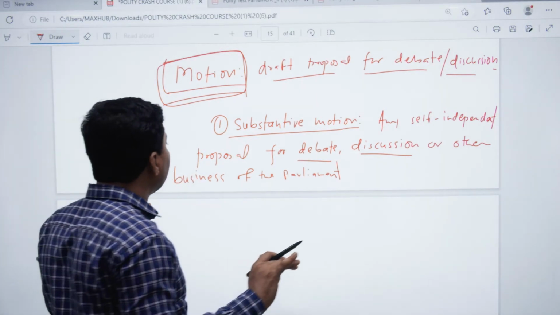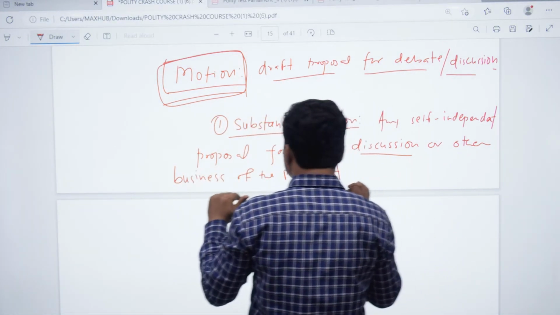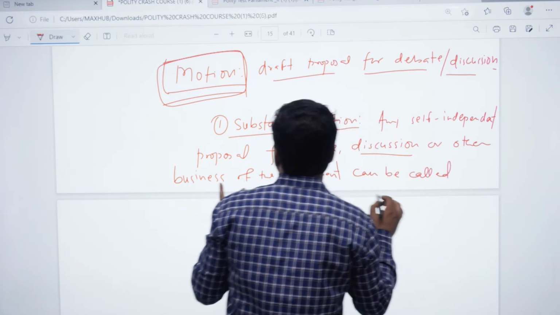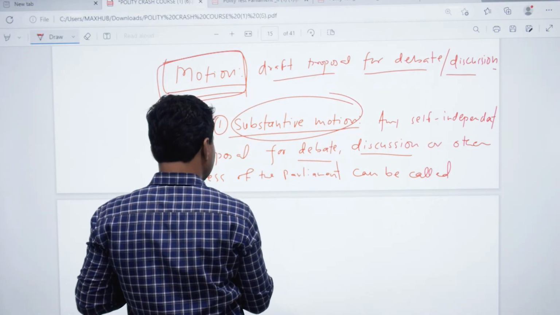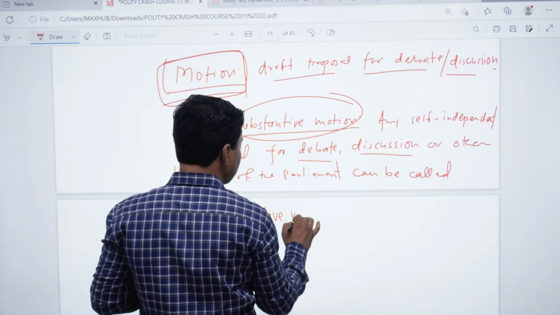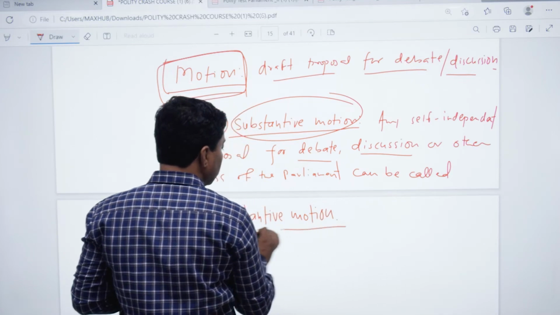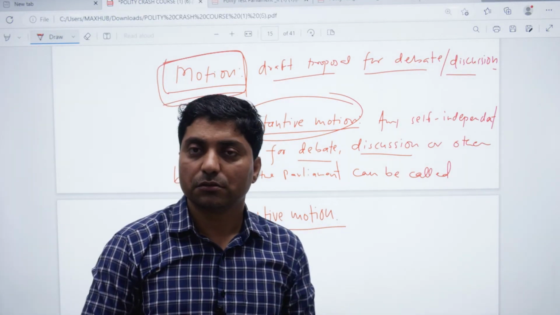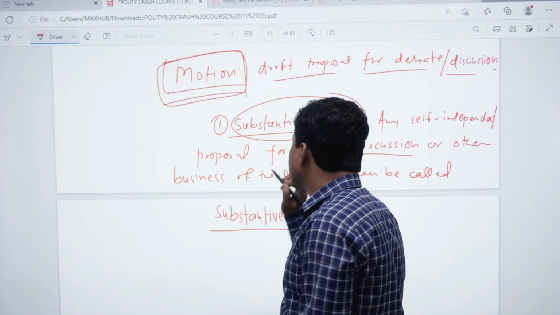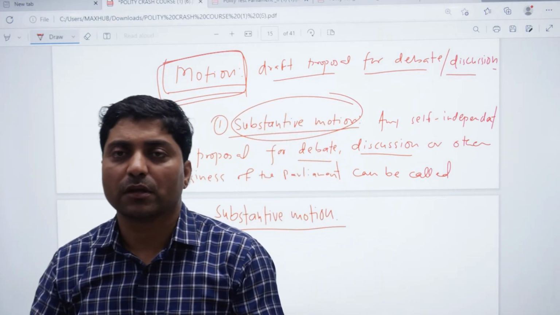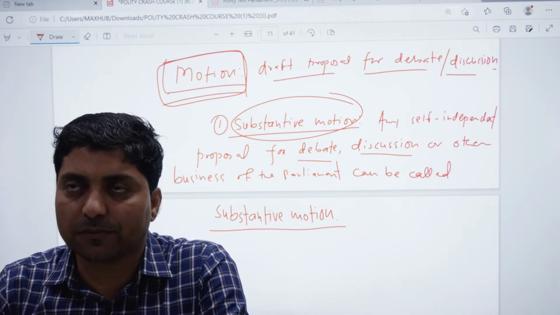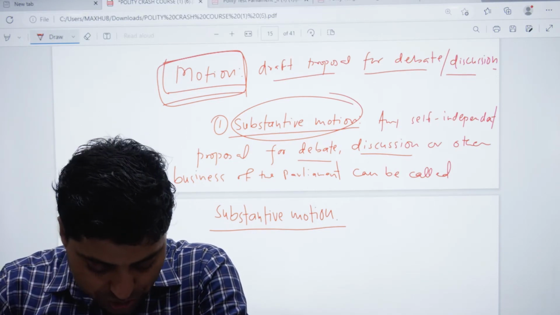So any self-independent proposal for debate, discussion, or any other business of the parliament can be called substantive motion. ये substantive motion होगा, right? So that is called substantive motion. For example, किसी ने motion propose किया impeachment के लिए, right? Impeachment of the judges. That would be called substantive motion.